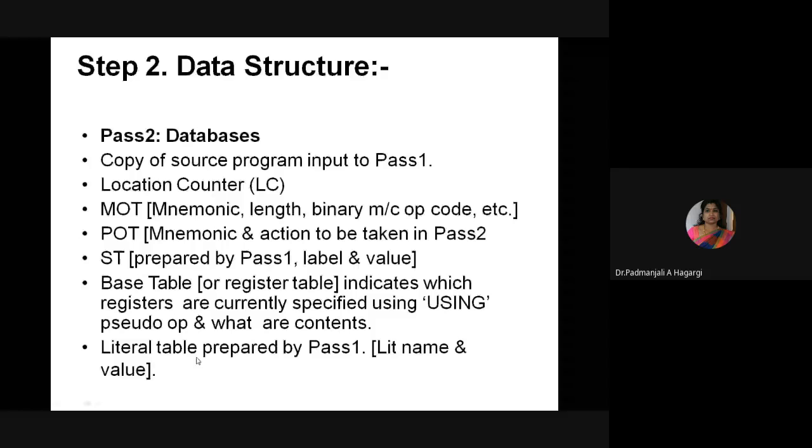The register table indicates the registers currently specified using the pseudo operation table and their contents, and the literal tables are prepared by pass one. So this is how the pass two databases, the data structures, work.